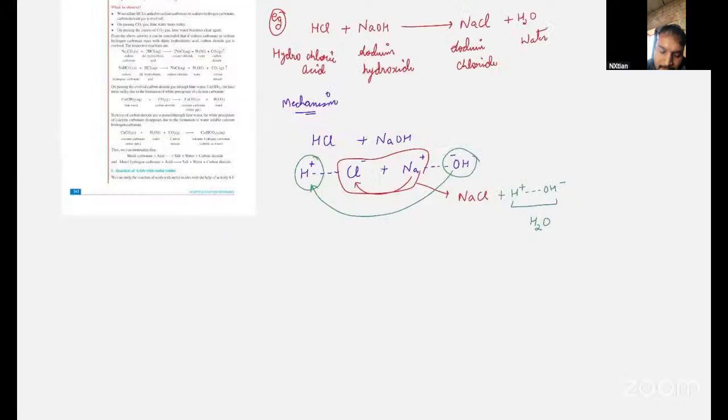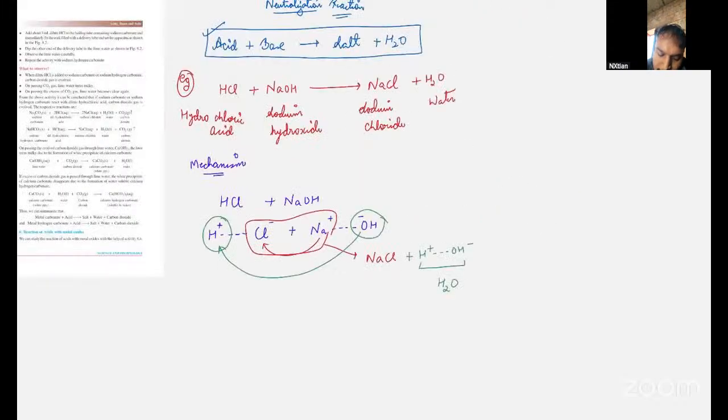Now everyone please pay attention. This is the product. If I talk about NaCl, is there any H plus? Or is there any OH minus? No. So this NaCl is basically neutral.